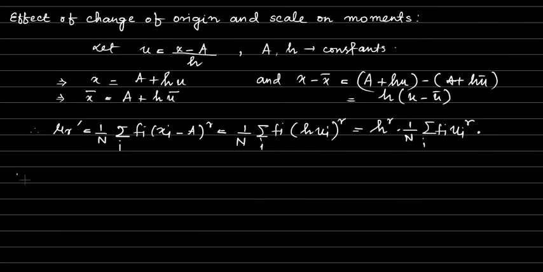Also, if you want to find mu r, mu r is 1 by n summation over i fi into xi minus x bar to the power r.